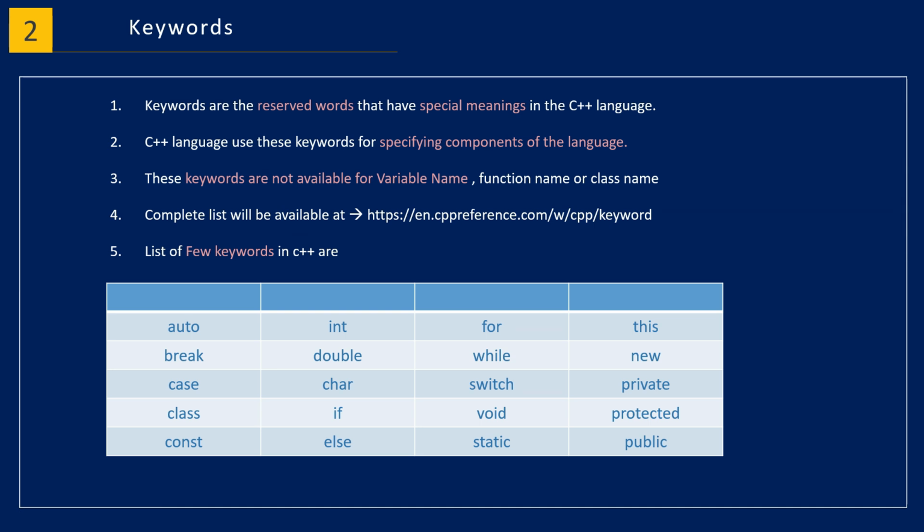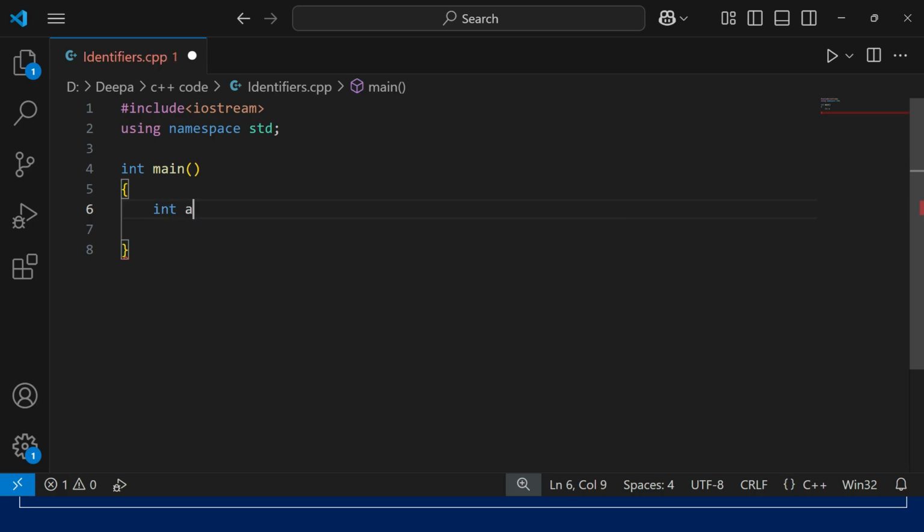Practically, we'll try to understand a few of these keywords. Int, double, char are data types. With int, we can define a as a variable name and assign a value. So this int represents that this variable will hold only integer values.